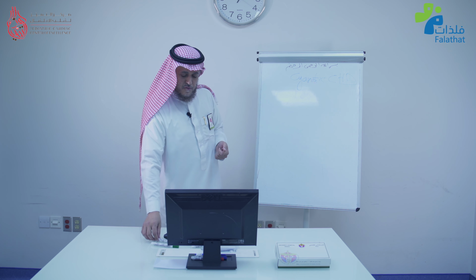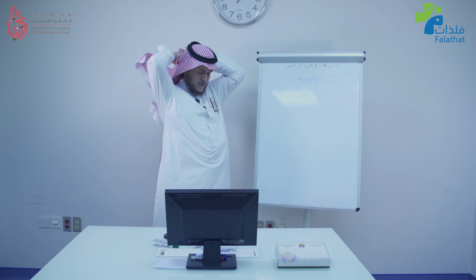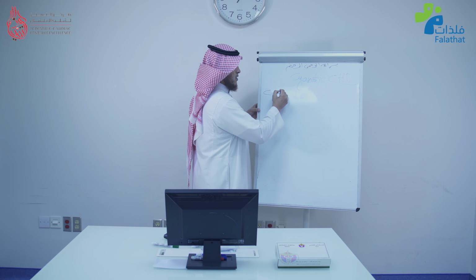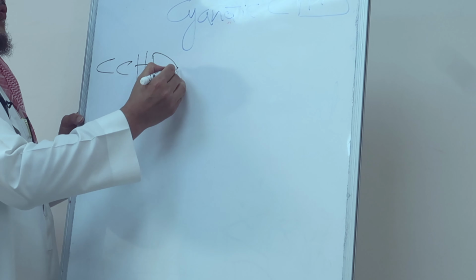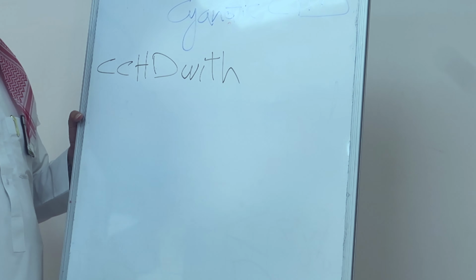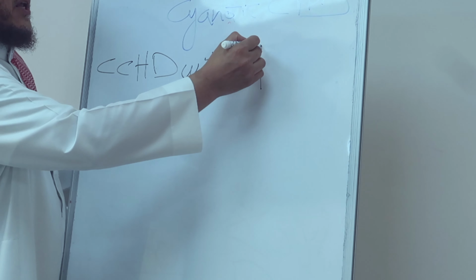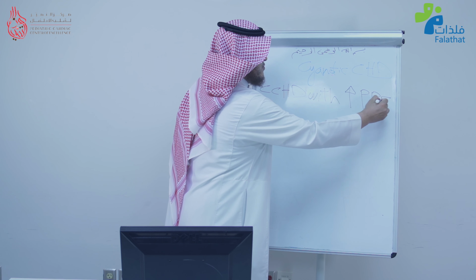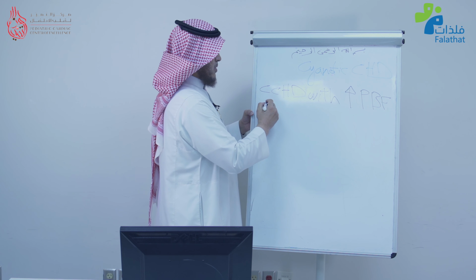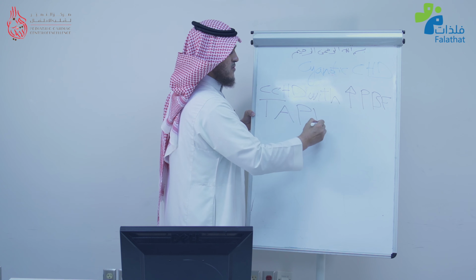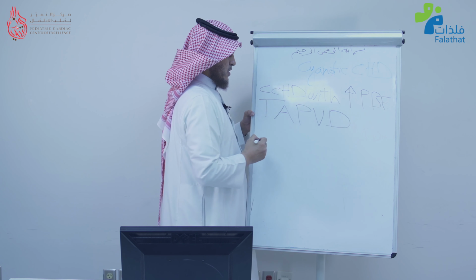So let's take our first example, which was total anomalous pulmonary venous drainage, as an example of cyanotic congenital heart disease with increased pulmonary blood flow. We have agreed that we will be talking about total anomalous pulmonary venous drainage.